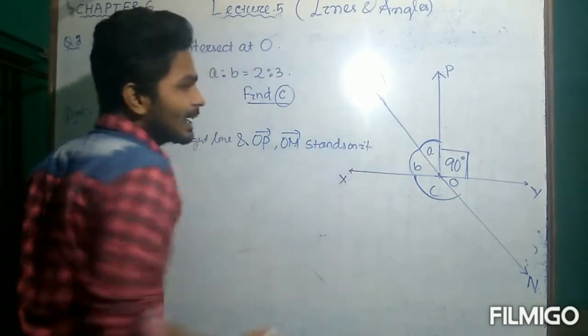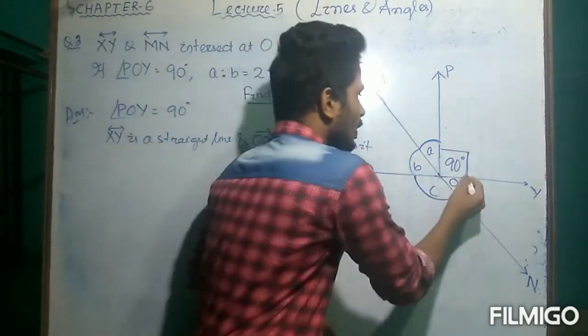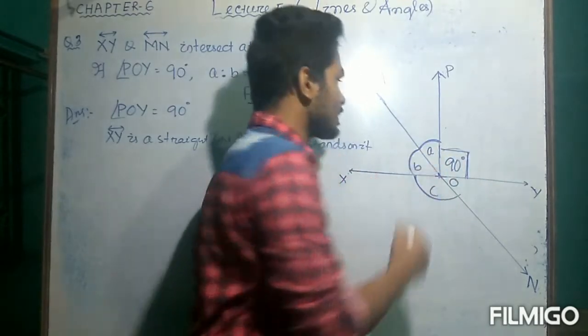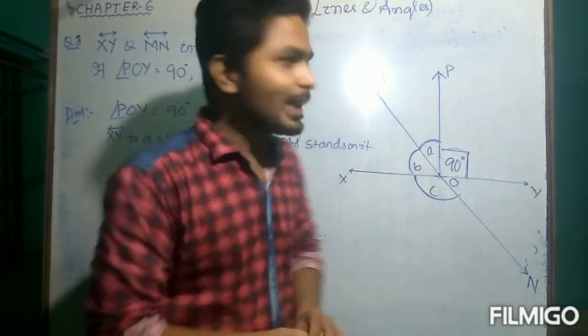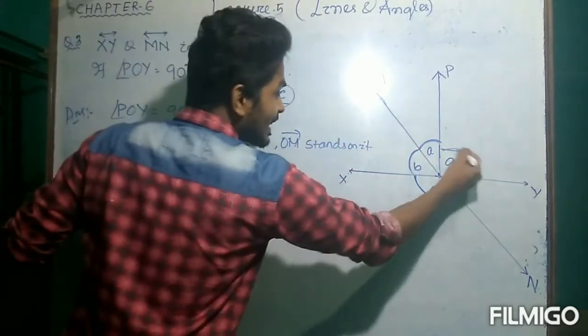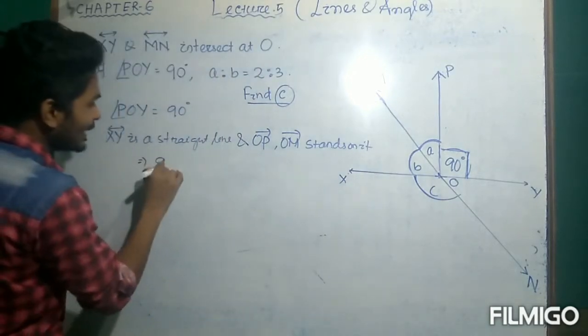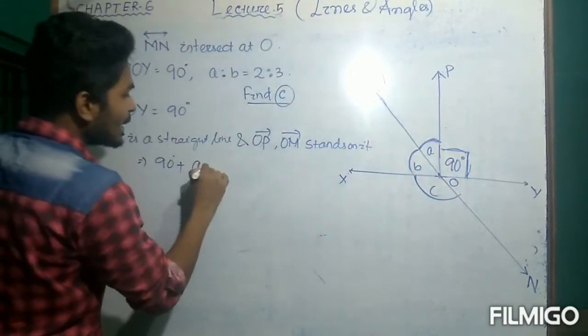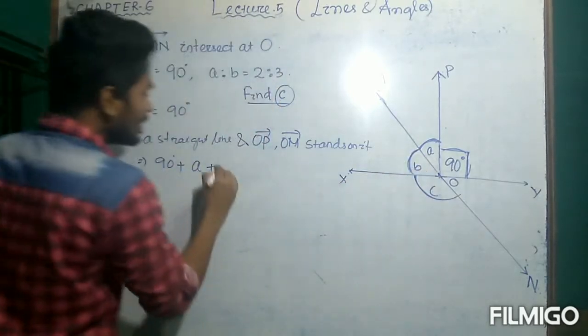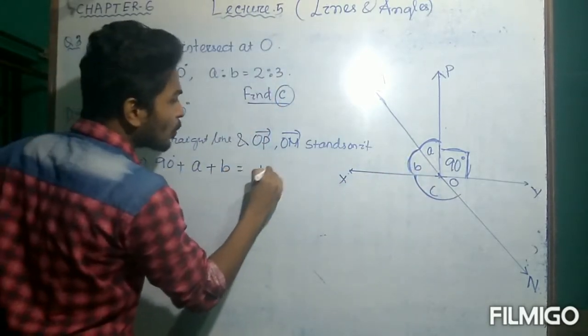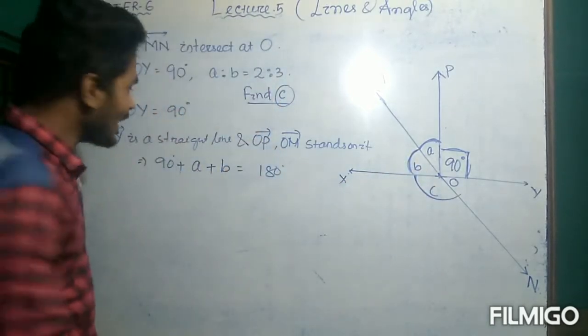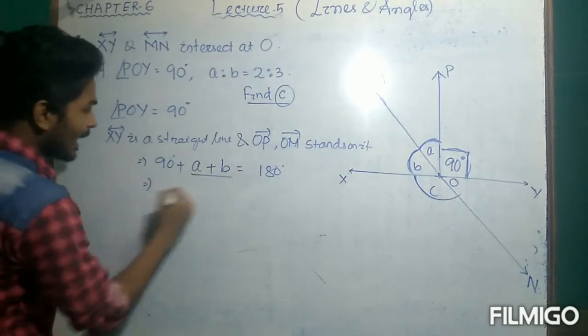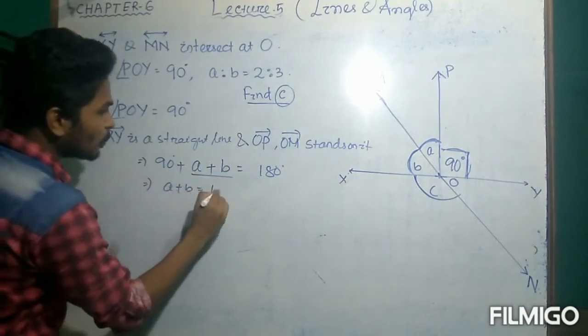It means the three angles formed, one angle, two angles, three angles, and their sum is equal to 180 degree. So you can write this angle, it means 90 degree, plus this angle A plus this angle B is equal to 180 degree. So here A plus B is equal to 180 degree.